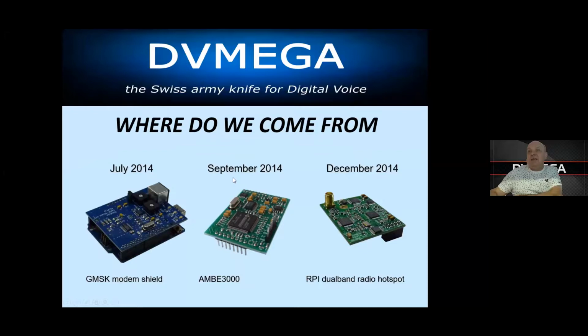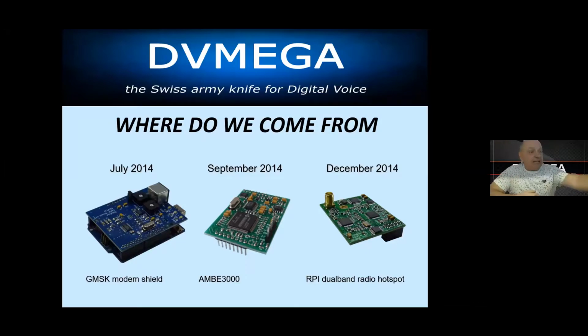Yeah, no, there is no real kit. There is of course the DVMEGA module, which you can plug onto a BlueStack or a Raspberry. But there are no real kits.